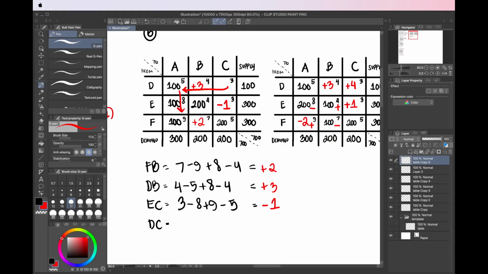Of course it wouldn't be here and then here because this is empty, right? So that was our best path. So that would be 3 minus 5 plus 9 minus 5, which is 2.